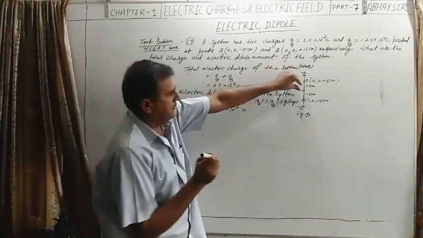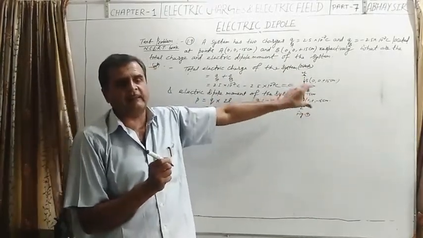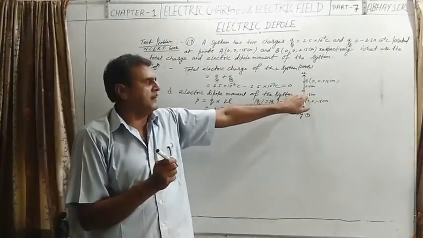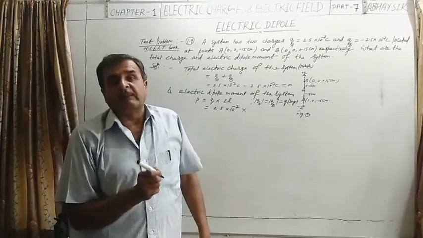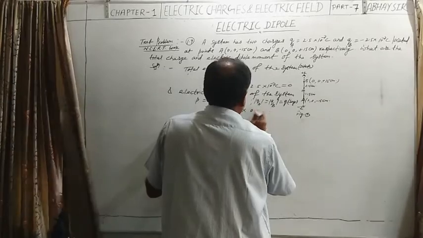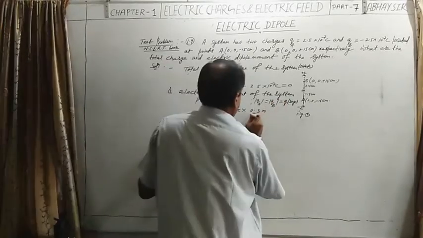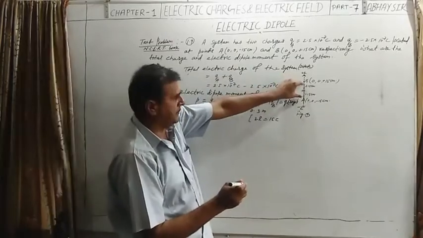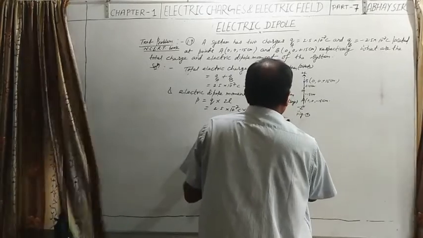And here, in the length, the +15 and -15 will not give zero. For length we always take magnitude: the mod of +15 and the mod of -15, so it becomes 15 cm + 15 cm, that is 30 cm, which means 0.3 meter. The charge is in coulomb and the length is in meter. This is the length of the electric dipole, the distance between the two points.